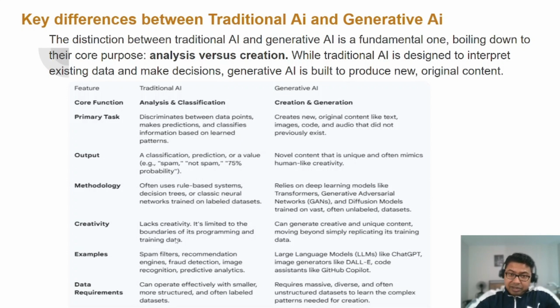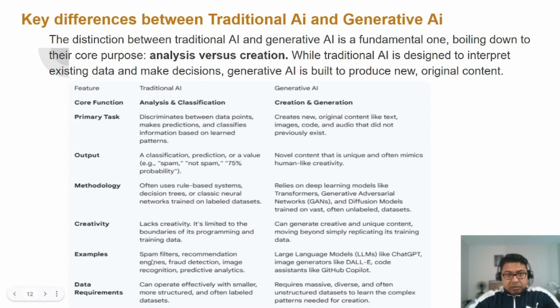Creativity: traditional AI lacks creativity. Obviously it couldn't create fresh new content, but generative AI creates fresh new content, which never existed before. So that's how it's mostly copyright safe.